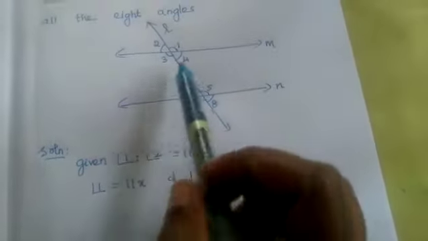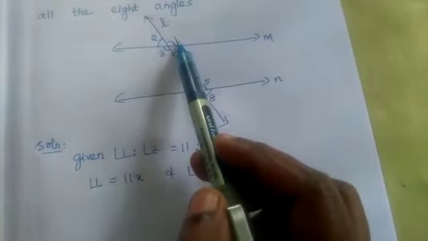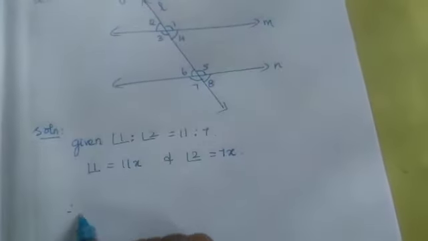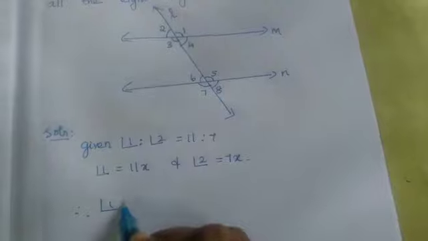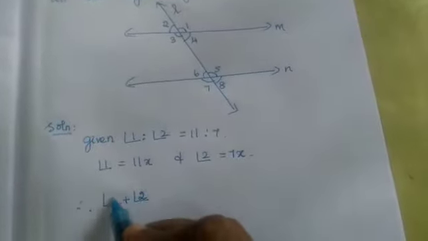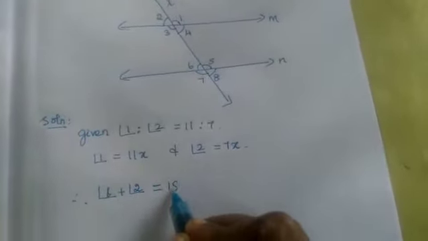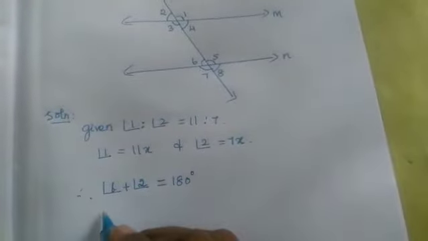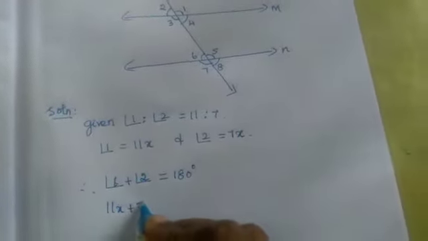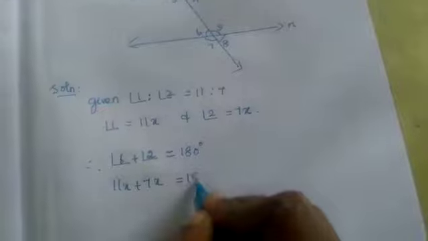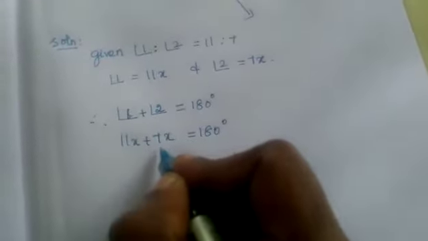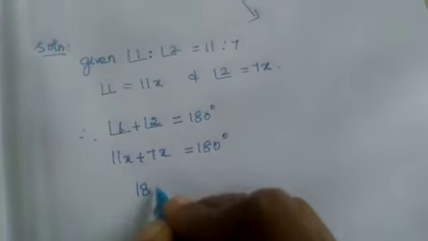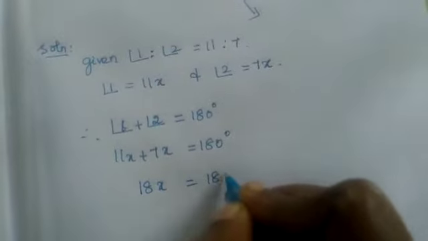Now we know the sum of the angles in a straight line is 180 degree. Therefore we can write angle 1 plus angle 2 equal to 180 degree. Now we can substitute these values. 11x plus 7x equal to 180 degree. 11 plus 7 is 18, so 18x equal to 180 degree.